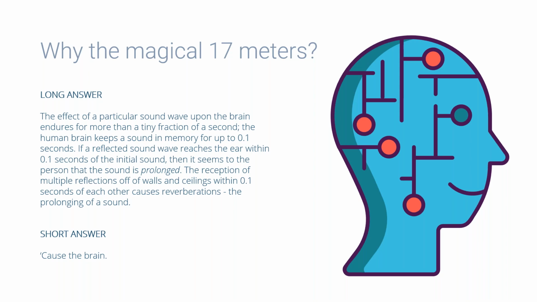The medium answer is that your brain needs at least 0.1 seconds in between the sounds to recognize them as two distinct words. If it's any less than that, your brain will experience it or read it as one prolonged word, right? So that's what the reverb is.